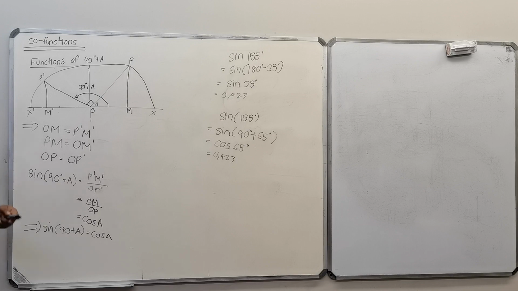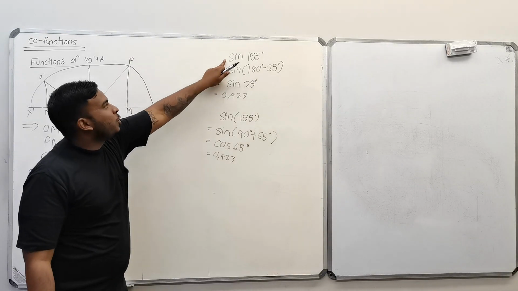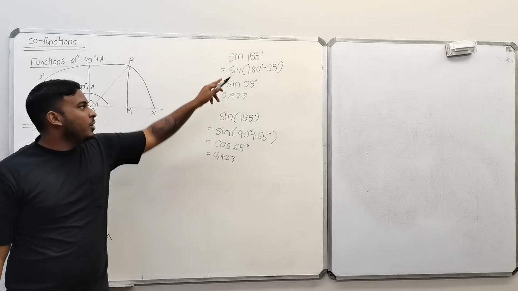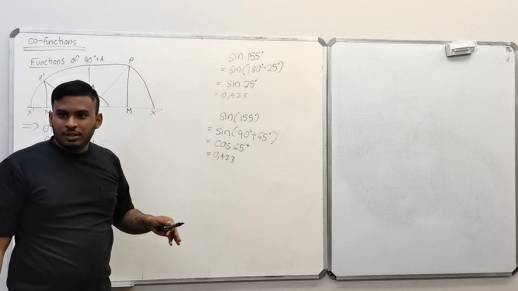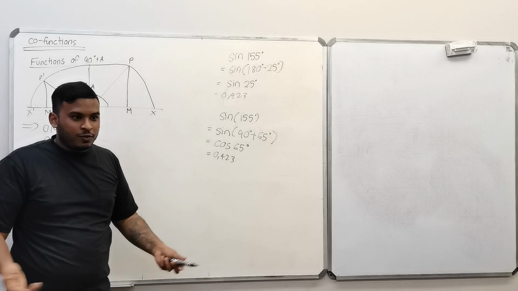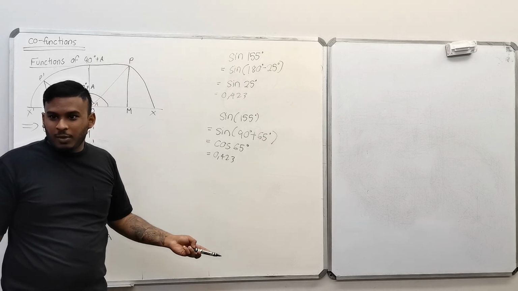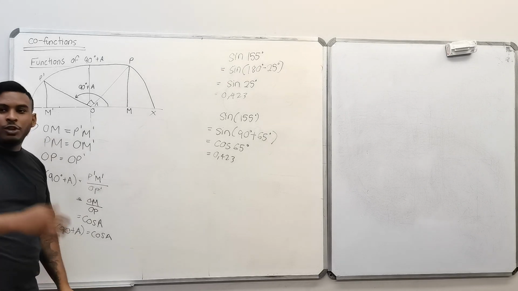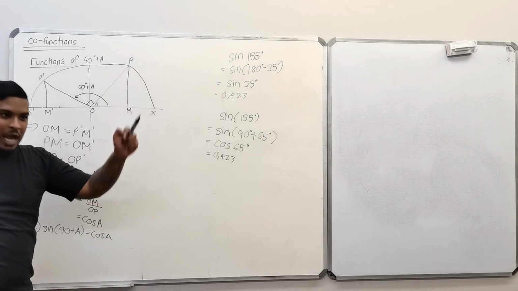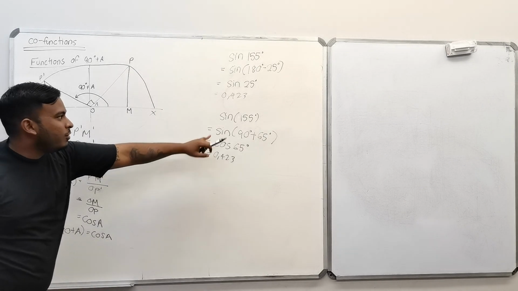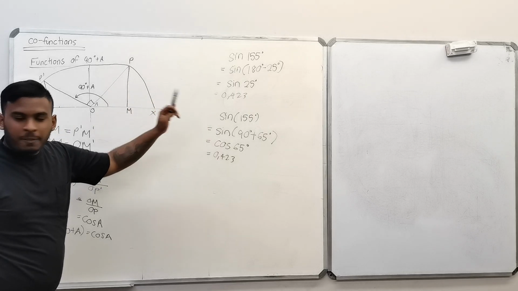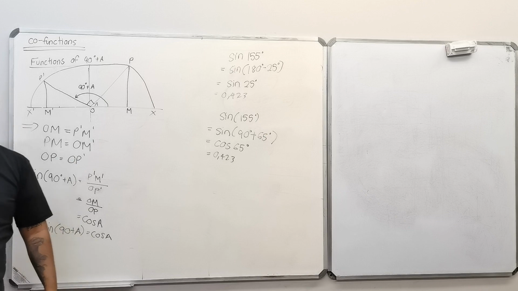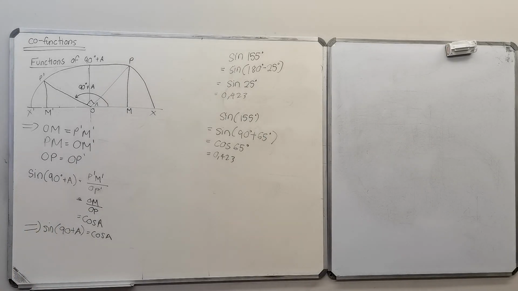But in an instance like this, if you need to convert the sine 155 into cos, how are you going to do it with only 180 minus? You're not going to be able to swap it, you can't do anything about it. That's going to end up becoming a factor there that you can't get rid of, where you're not going to be able to simplify it. But how could we have simplified it? We could have used co-ratios and converted it into cos 65. And then from there we can cancel off and simplify that sort of thing.